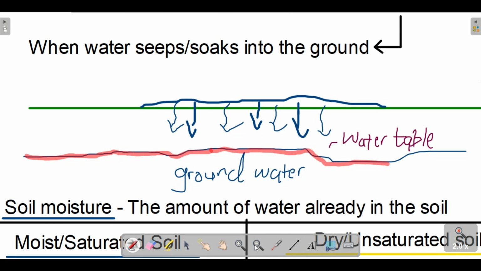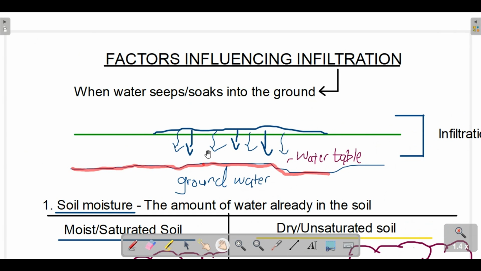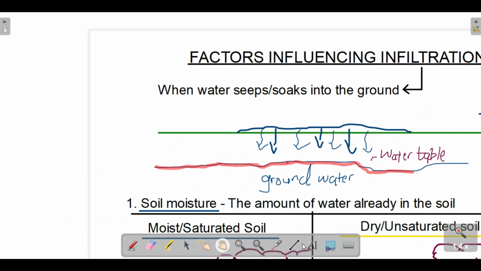As I was saying, guys, we will only say infiltration occurs when water seeps into the ground, because water does not always do that. Water can actually run on top of the surface. If it runs on top of the surface without seeping into the ground, just running on top of the surface without infiltrating, we say that is runoff.